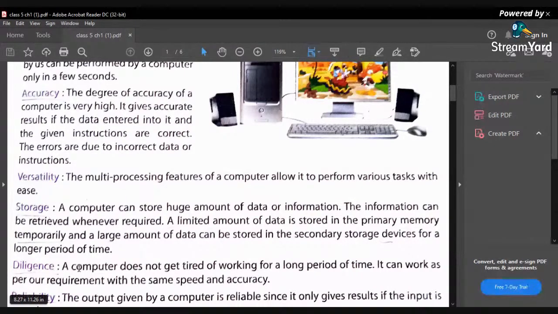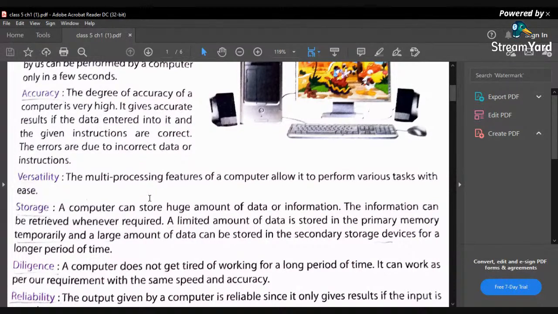Next, storage. A computer can store a huge amount of data or information. Already I said the computer has huge storage capacity compared to humans, and the instructions can be retrieved whenever required.